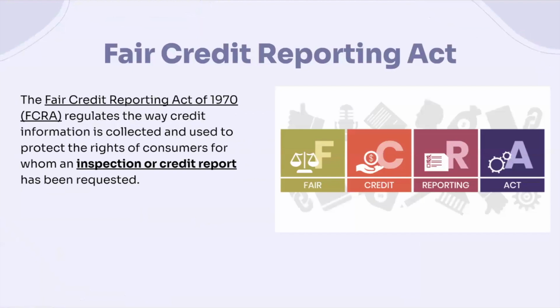Okay. Now, we really want to focus next on the Fair Credit Reporting Act. This is a very, very important topic on the examination. Why is it? Well, remember when we talked about disclosures.